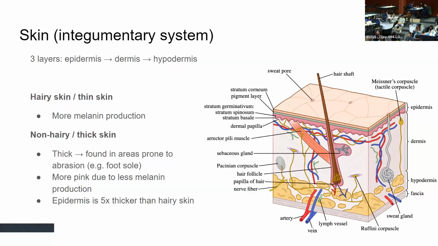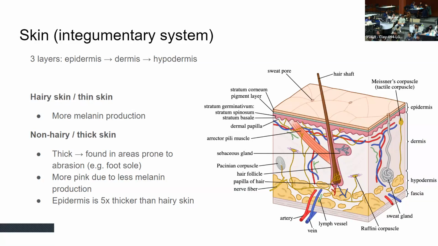Now, one thing that I want to clarify here is your hairy skin is not just the top of your head. If you have really strong East Asian genes and you have no hair anywhere on your body, that doesn't mean that your hairy skin is just on your head. Your hairy skin actually covers most of your body, so your legs, your arms, all that sort of stuff.